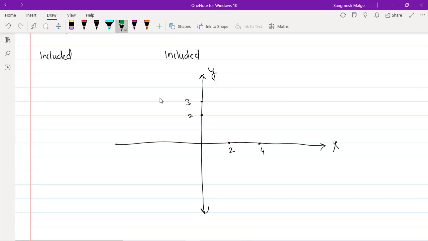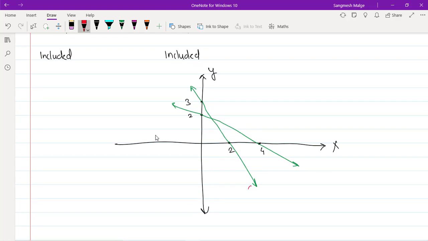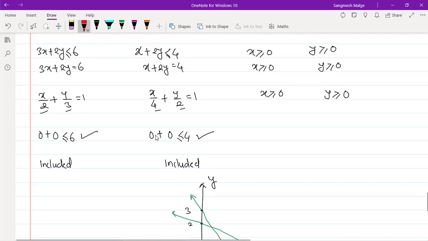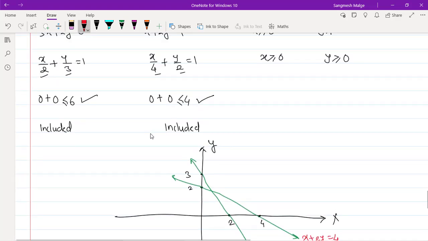Let's join these two line points, 2, 3 and 4, 2. Okay, and let's name these equations. The first equation is nothing but 3x plus 2y equals 6, and the second equation is nothing but x plus 2y equals 4. Okay, and of course x and y both are positive.